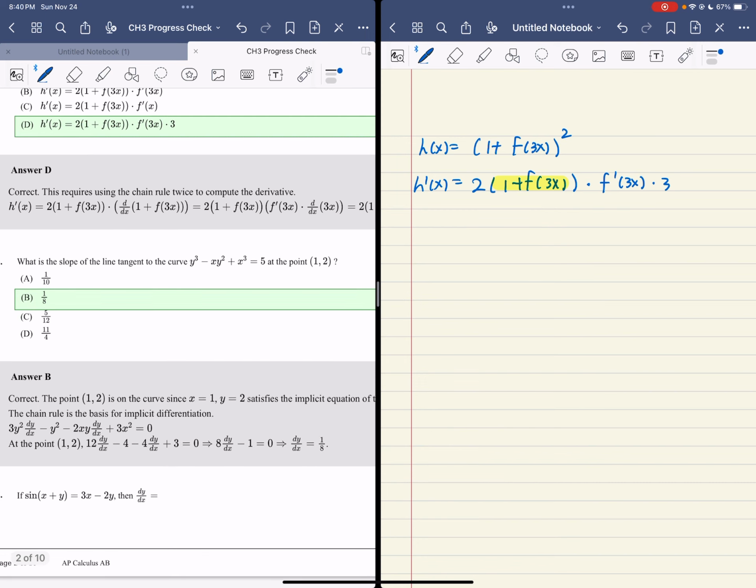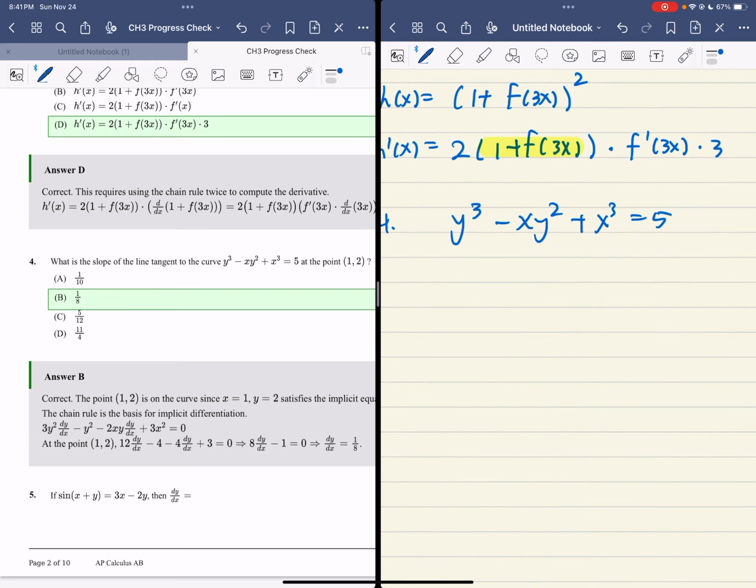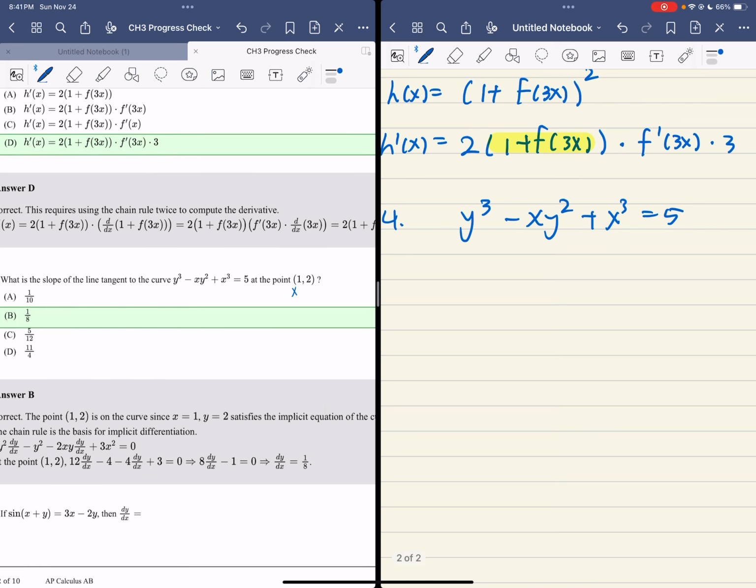What's the slope of the line tangent? So let's do question number 4. This one is going to be a bit long. Obviously, we are going to use the point-slope formula, but first, at point (1, 2), that's going to be our x, that's going to be our y, but we don't know the slope. So let's find it.